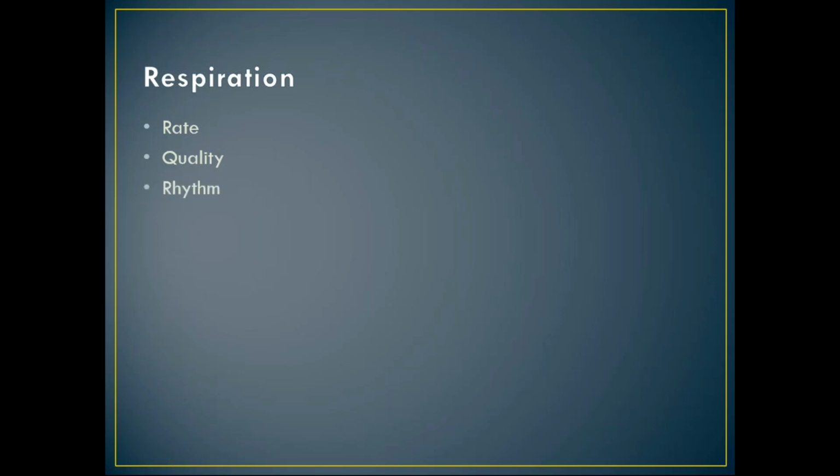Then with the rhythm of our respiratory rate, it should be regular, with good intervals in between those breaths. And again, we're looking for that good quality when we're also depicting that rhythm. With our volume, the normal adult tidal volume is going to be between 400 to 600 milliliters of air. With that volume of air, we're going to get enough volume into the lower bronchioles.